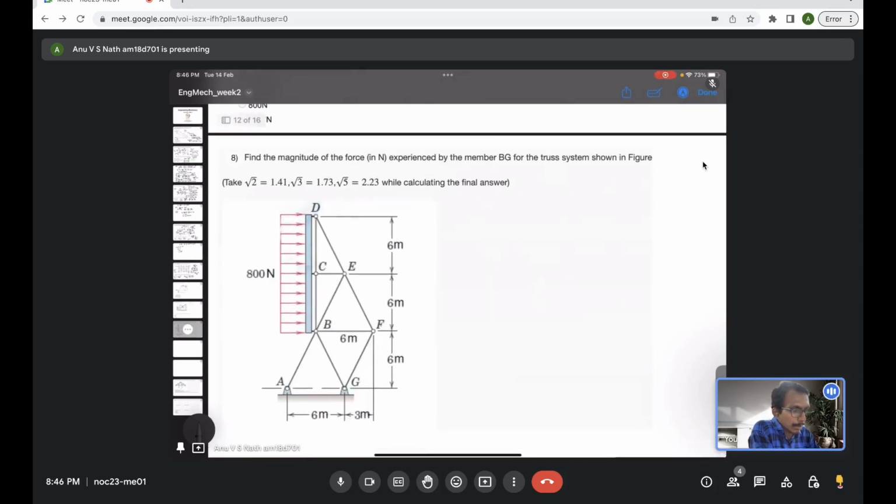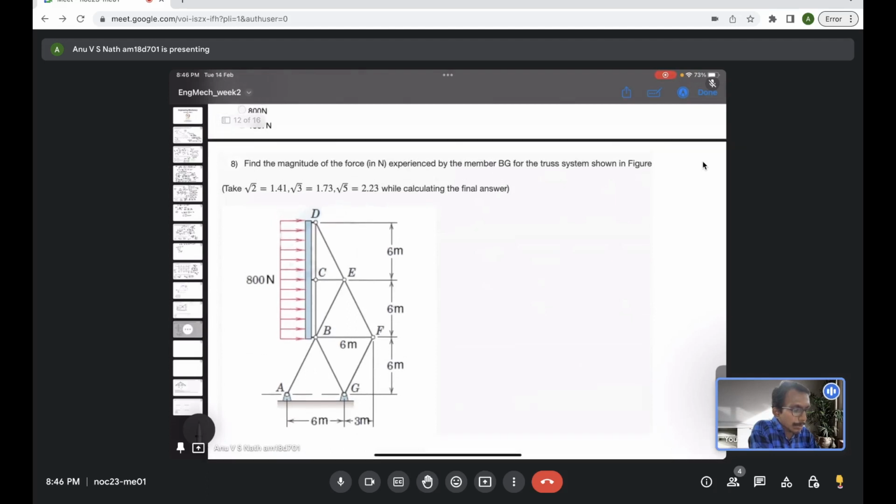And now I will touch upon some problems which had confusion in the assignment. In this problem, you cannot think of this as a pure truss system, because there is a distributed load acting over the entire BD. So there is an issue. What you have to ideally do is this: we will come back to this kind of problem later, distributed load.